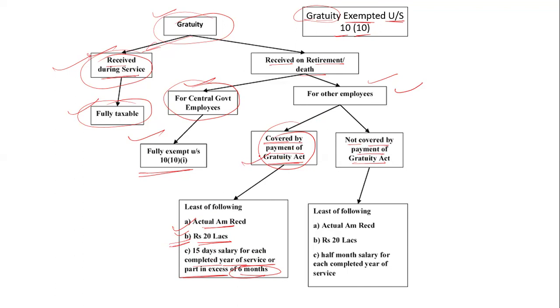If he is not covered under the Act, in that case the first two conditions are the same as per the Gratuity Act, the actual amount received and the 20 lakh.